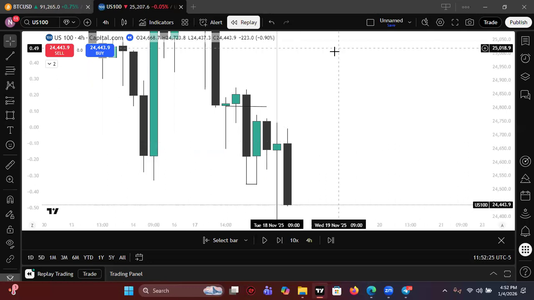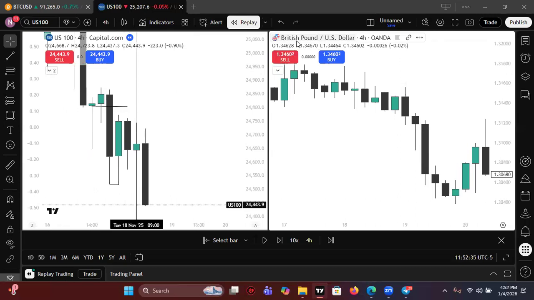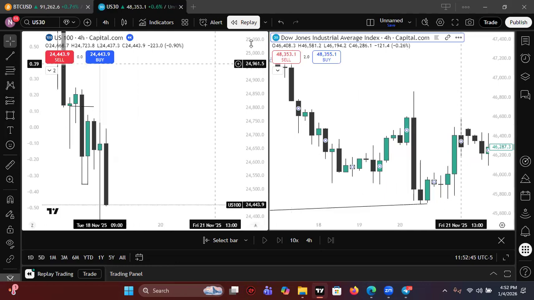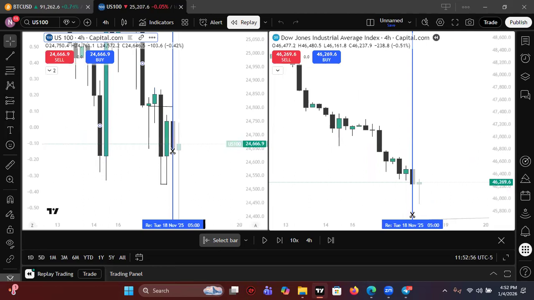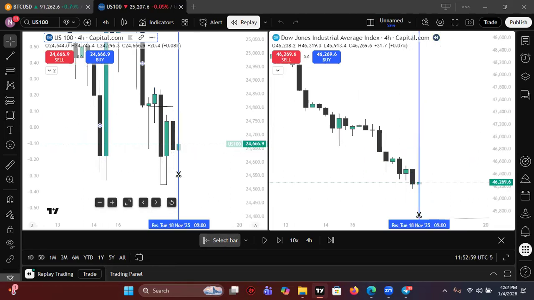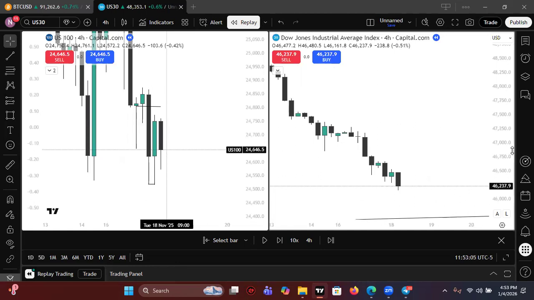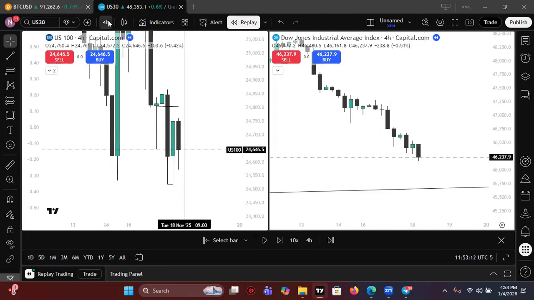Let's look at it correlated. Let's look at the daily time frame.